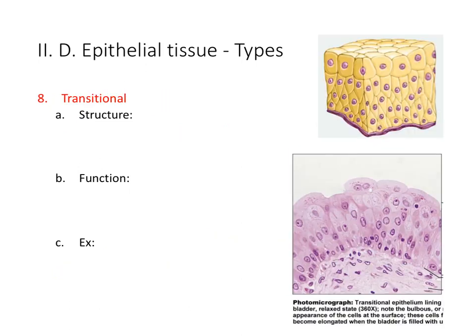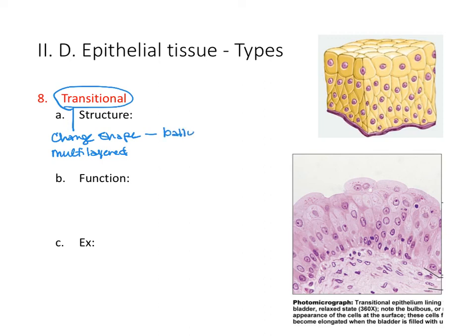All right, the last type we have is transitional. So transitional here tells us that we are going to change shape. The cells are not always going to have the same shape. So this will be multi-layered, even though the multi-layered part is not in the name. The cells are going to change shape depending on whether the tissue is sort of relaxed or distended and full.